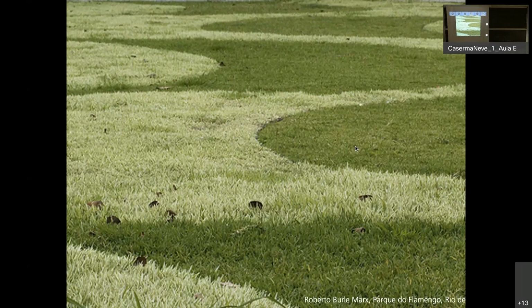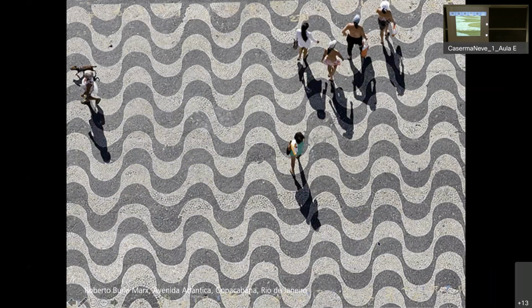We saw the way in which this drawing, this amoeboid rhythm, this serious pattern, applies to several projects, such as the Parque do Flamengo in this case, but also to the famous Avenida Atlântica that we already saw.